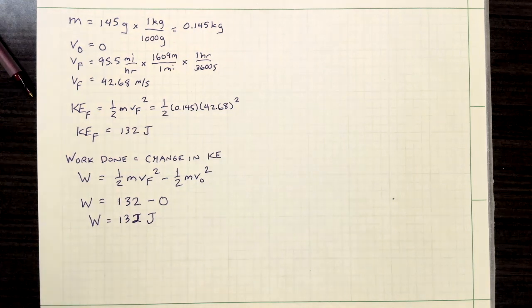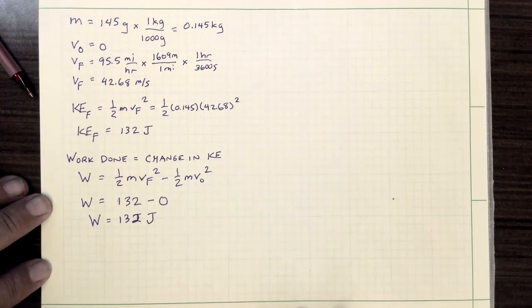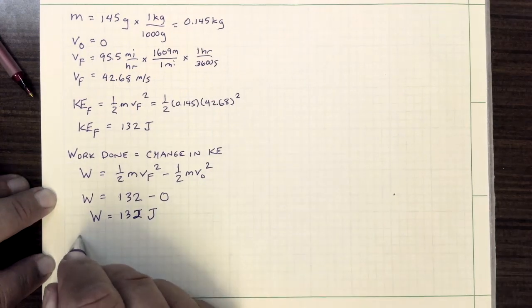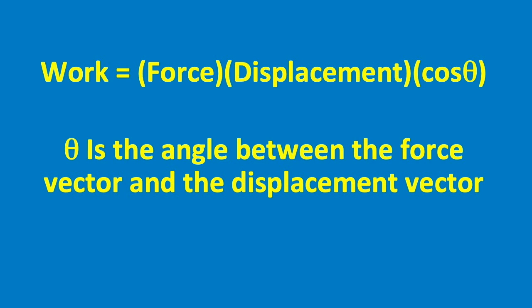We are then asked what force does the pitcher apply to the ball. For that, we can utilize the definition of work. Work is the force we apply multiplied by the displacement multiplied by the cosine of the angle between the force and the displacement.